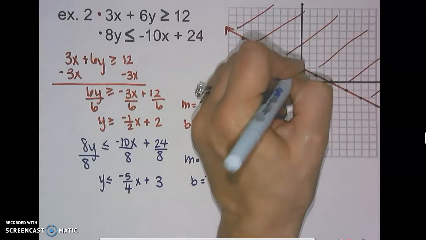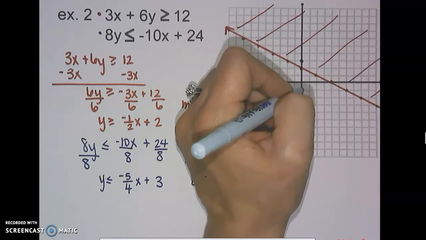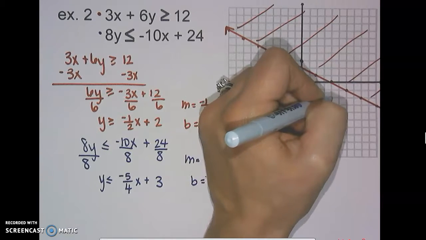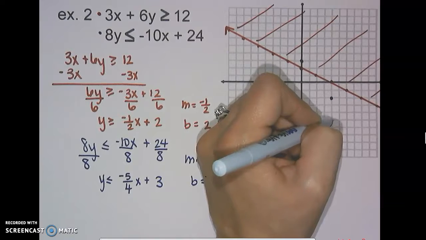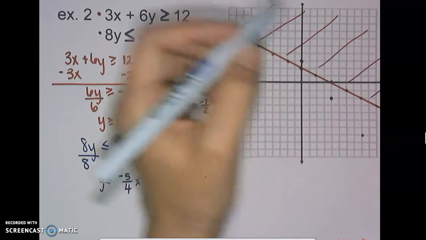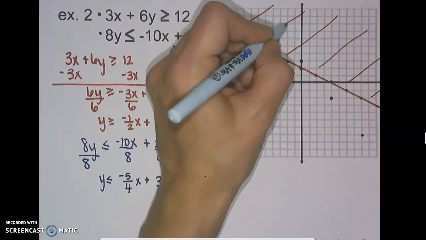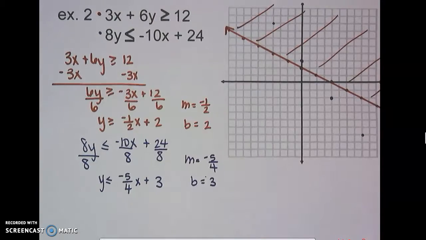If we begin at b, and then we go negative 5 fourths, and I'll go up and over to the left as well. Okay, what type of line are we going to be using to connect this?